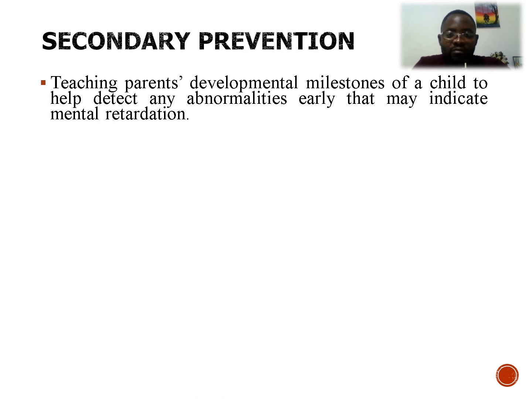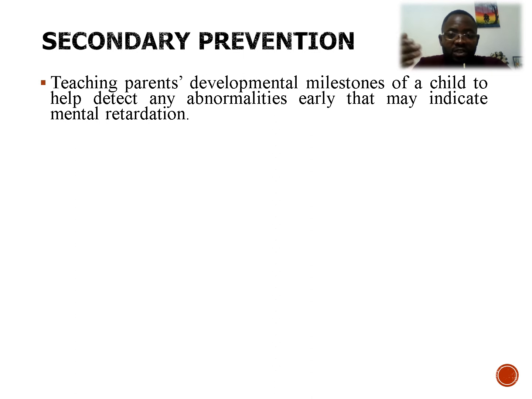Teaching parents developmental milestones of a child to help detect any abnormalities early that may indicate mental retardation. We know that a child is supposed to start sitting, crawling, walking, talking, and running at different stages of life.